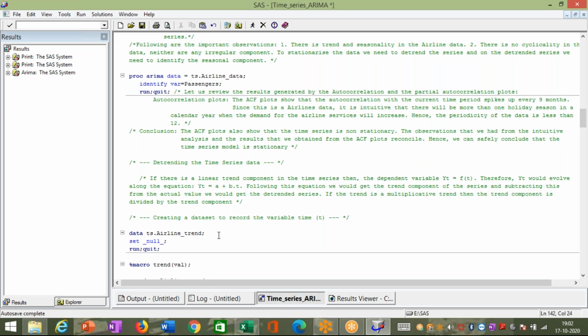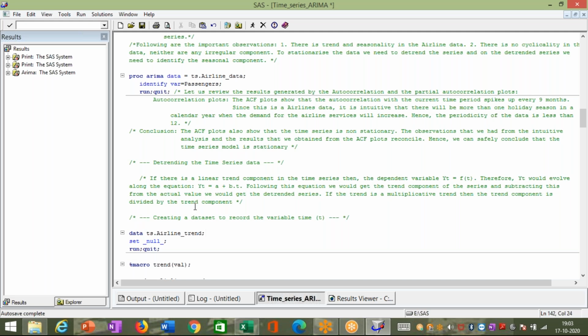Now the question is that there is a trend in the mean, right? Now what I need to do is make this non-stationary series into a stationary time series. And this is where I need to pull out those components which are not a part of the time series, which are creating this non-stationarity.